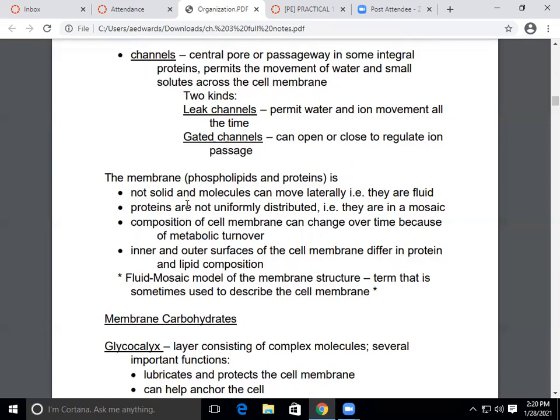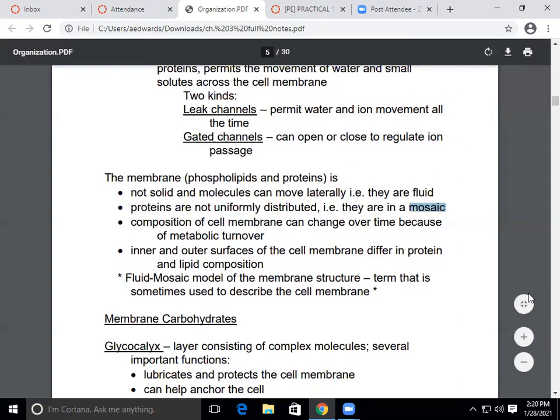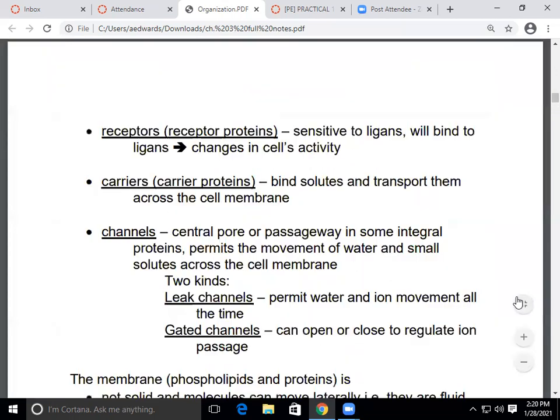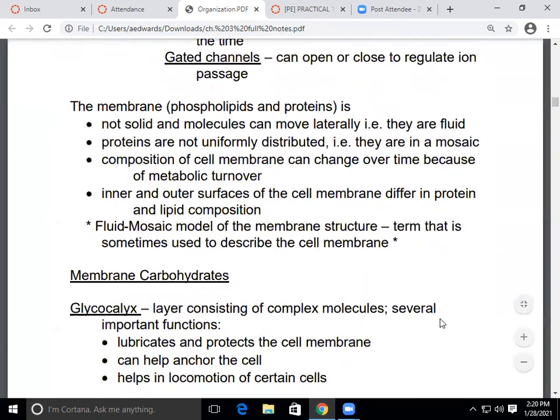Proteins are not uniformly distributed, so it's not a rigid pattern, which means the proteins are in a mosaic. That word mosaic is important for you to know. If you've ever seen a mosaic, it's just a bunch of different things mixed together in no particular order, right?